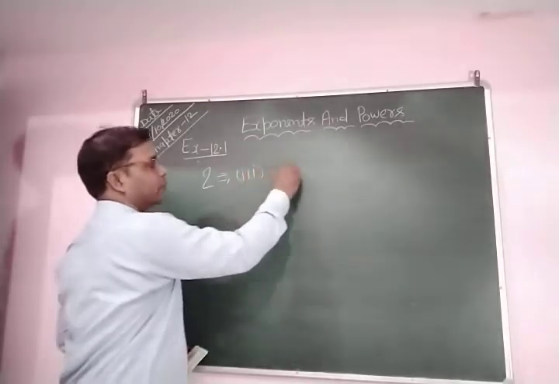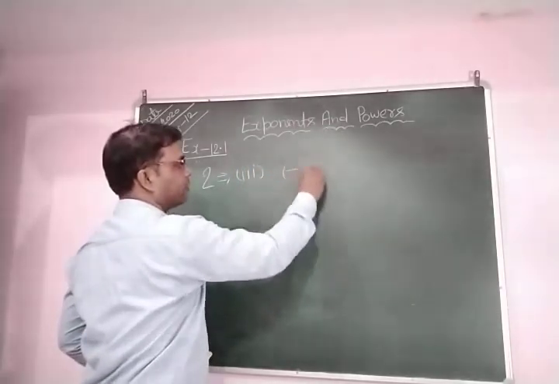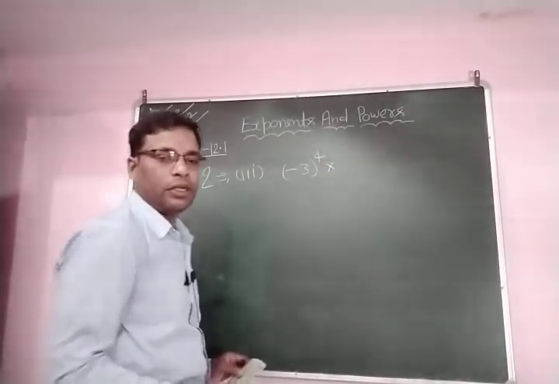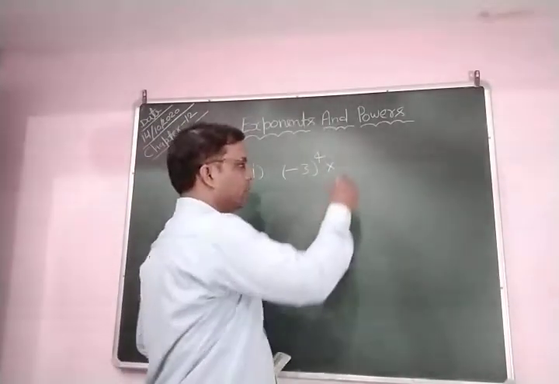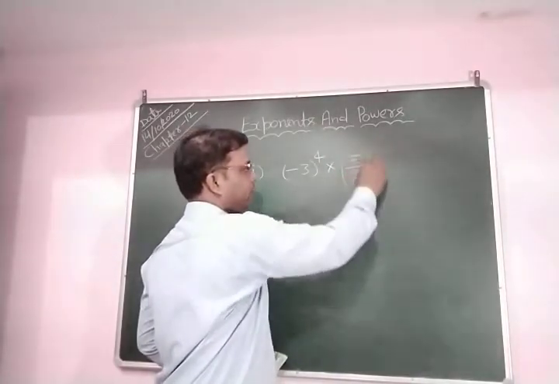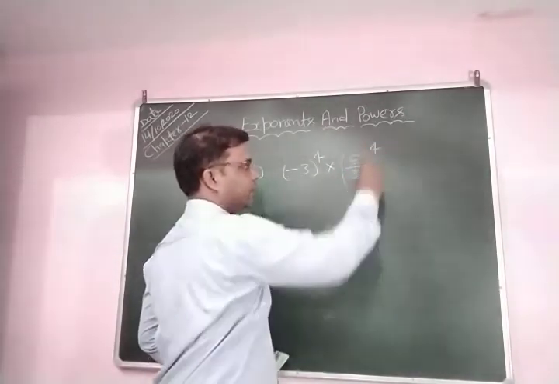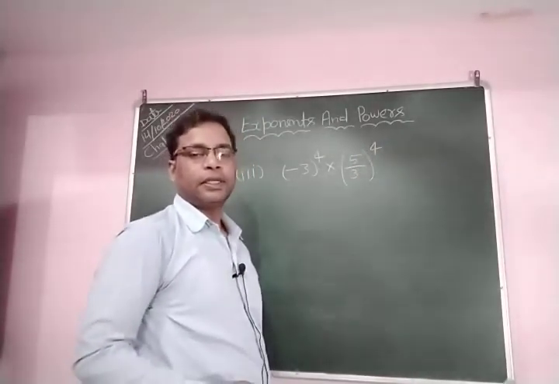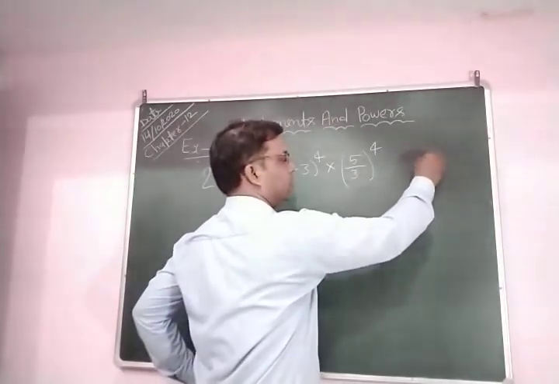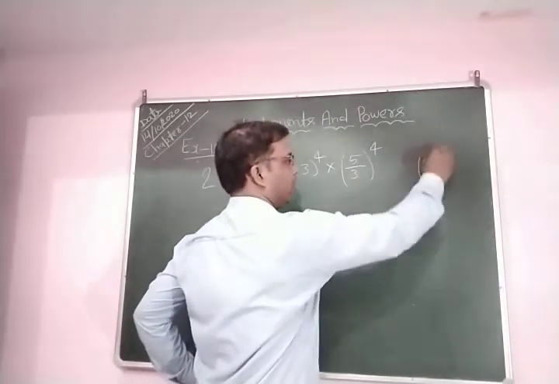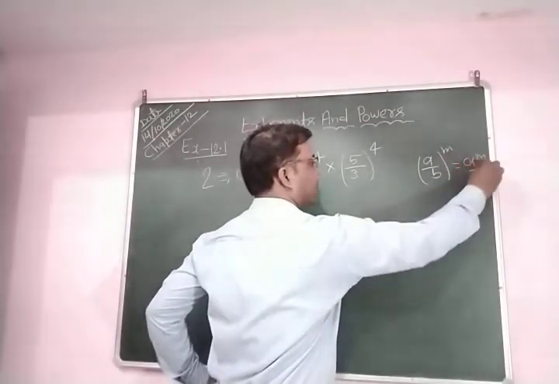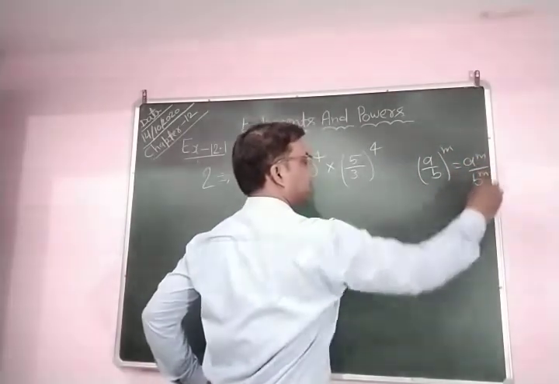Minus 3 whole power 4 into 5 by 3 whole power 4. Okay, this is clear. Now you know very well this law of exponents: a by b whole power m is equal to a to the power m by b to the power m.